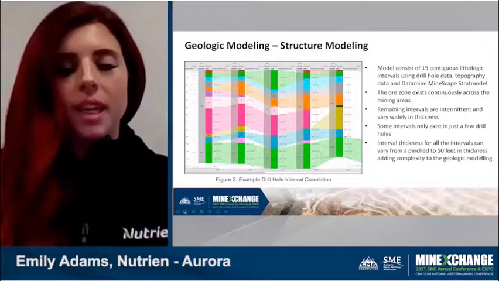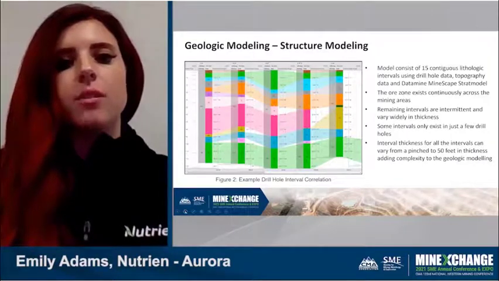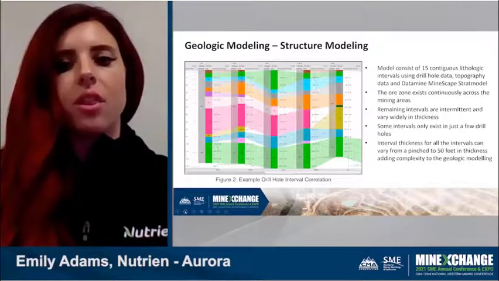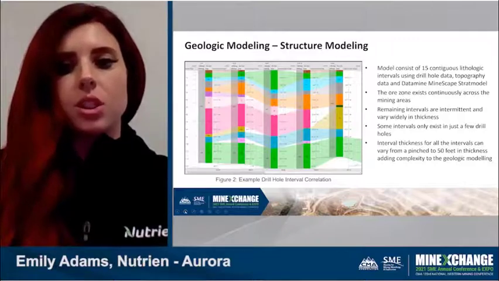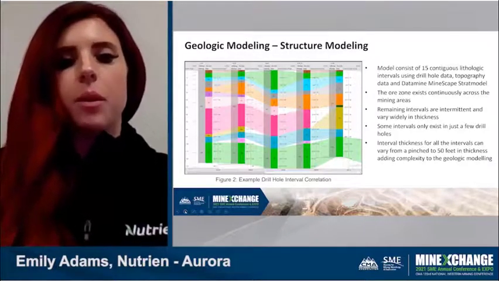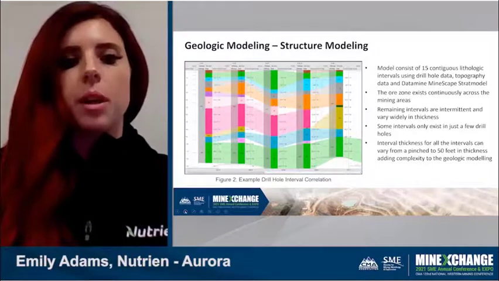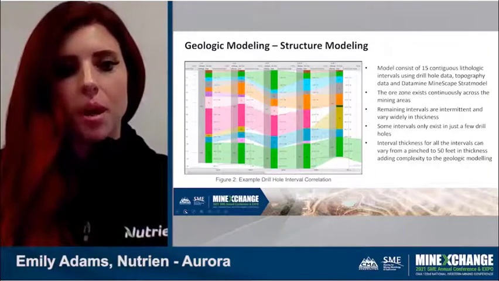On our site, the ore body is the only zone that exists continuously, and the remaining intervals vary widely in thickness, and some of them only exist in a few locations around the site or just a few drill holes. They can be anywhere from pinch, 0 feet, upwards to 50 feet thickness, which just adds more complexity and dimension to the geologic model.